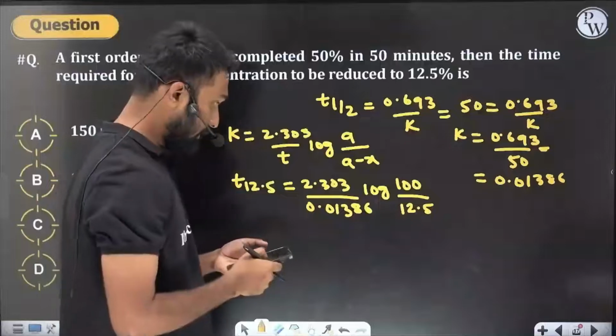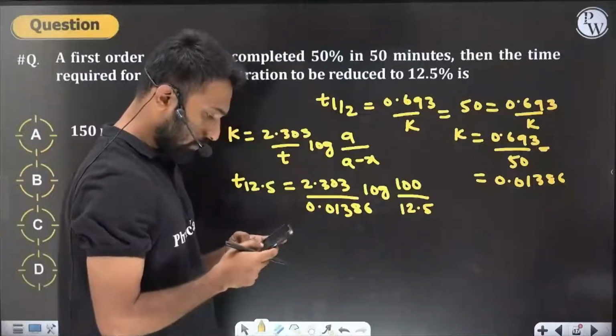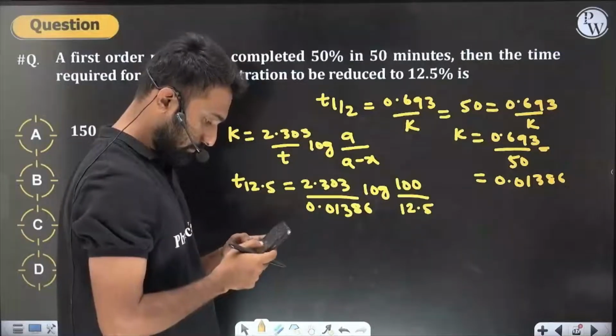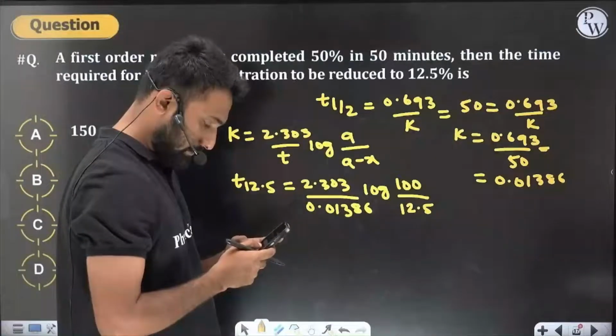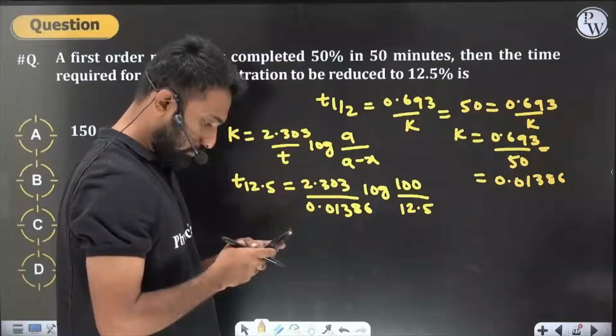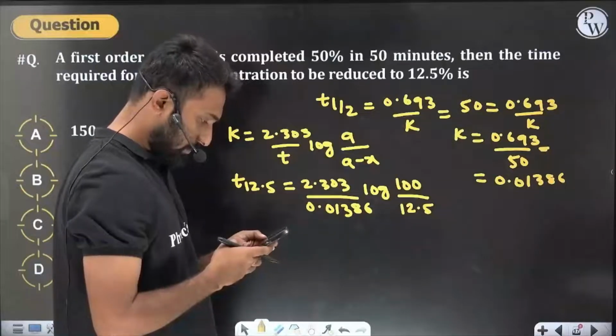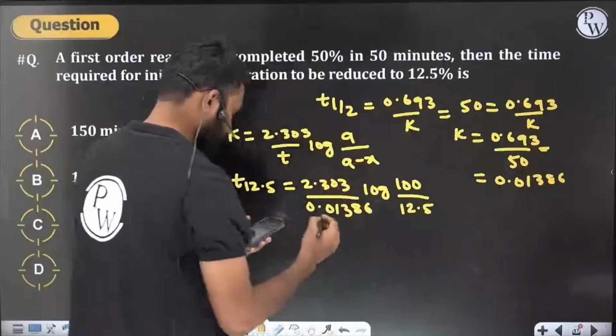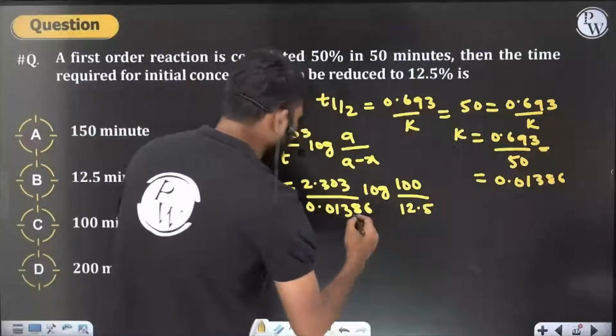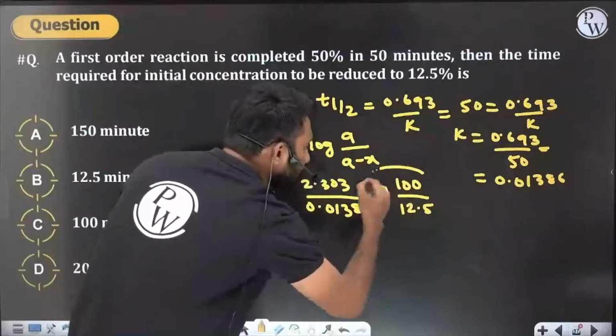Now see here, log 100 by 12.5 is equal to almost we got 0.9.